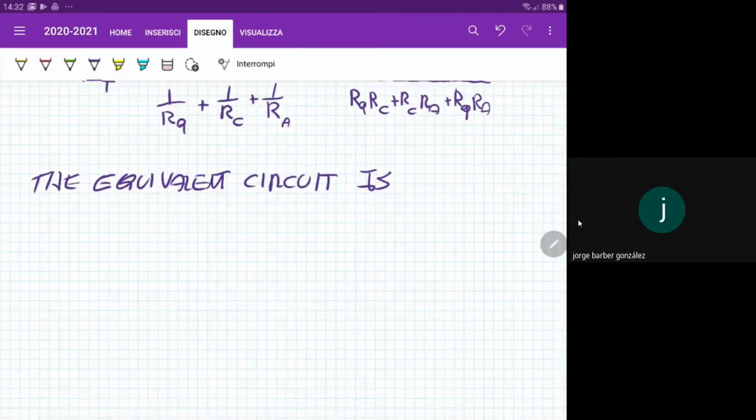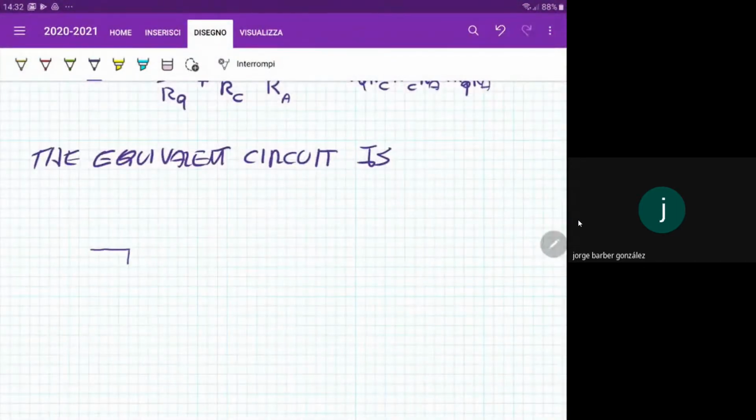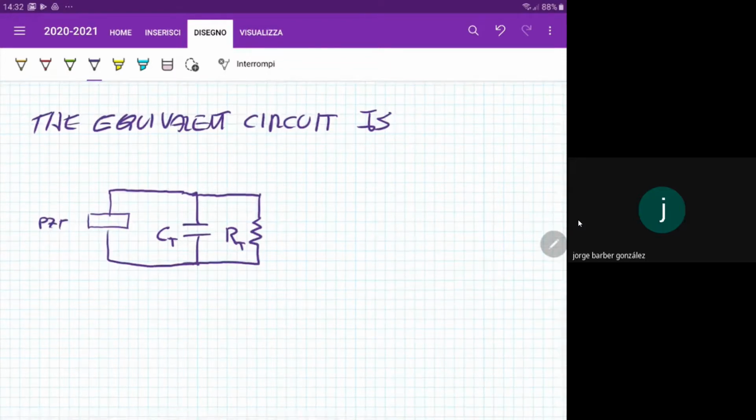So we got, once again, the PCT crystal that is generating your electrical charge, and we have the total capacity and resistance of your circuit. Of course, CT and RT take into account all of the three components that have to be considered in this mission.